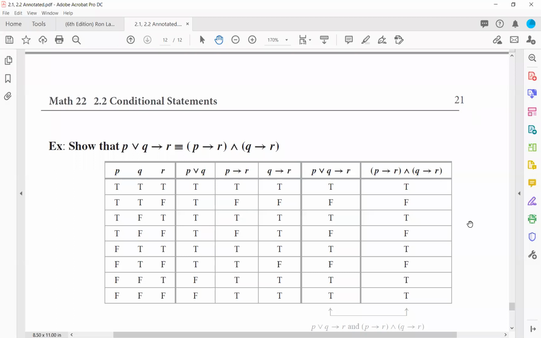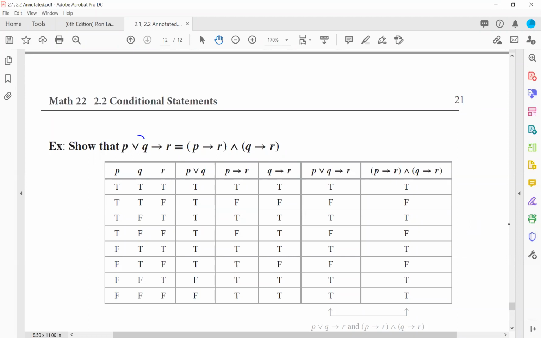Very well. And last page. We want to show that (P or Q) then R is the same as (P then R) and (Q then R). Note that here you don't have to use parentheses because you know that or comes first, then you have implication.